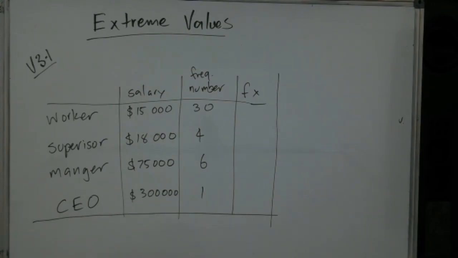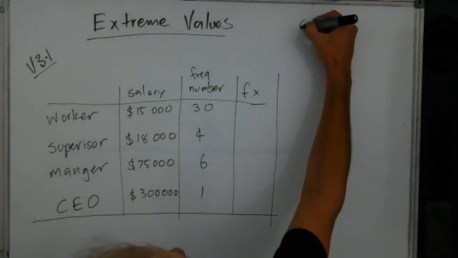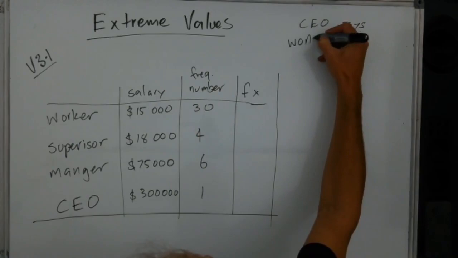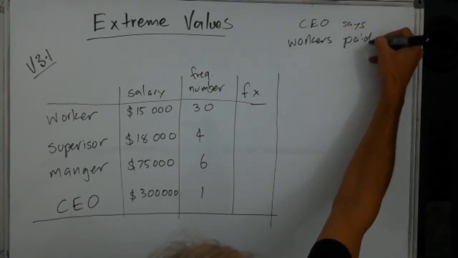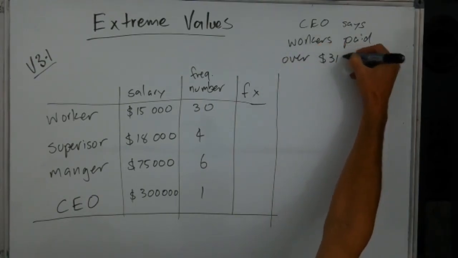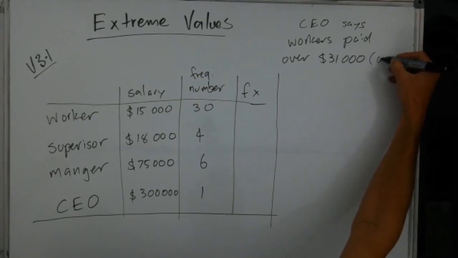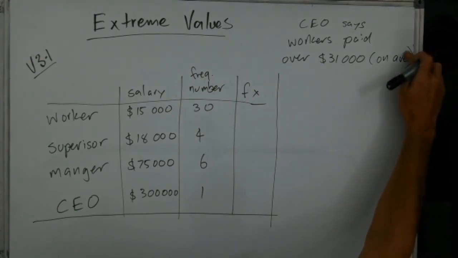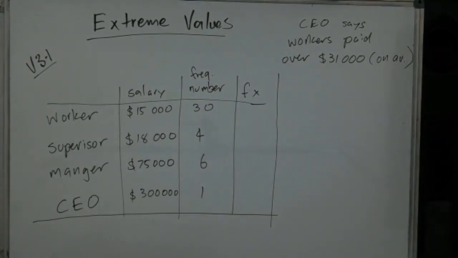Okay, so the question says, the CEO of a factory is proud to state that company employees are generously paid an average salary of over 31,000. So the CEO says workers are paid over 31,000 on average.